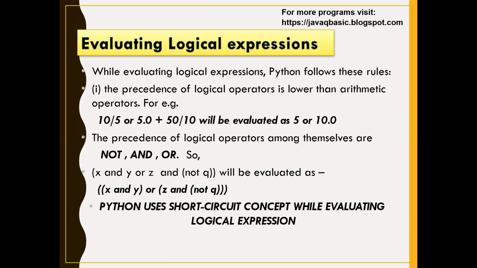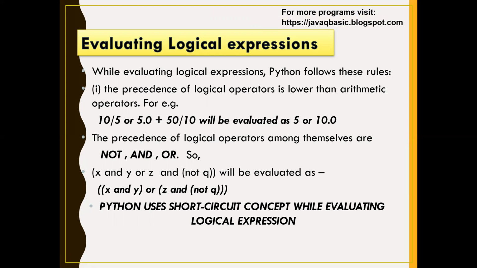Evaluating logical expressions. While evaluating logical expressions, Python follows these rules. The precedence of logical operators is lower than arithmetic operators. For example, 10 divided by 5 or 5.0 plus 50 divided by 10 will be evaluated as 5 or 10.0. The precedence of logical operators among themselves is: first not, then and, then or.